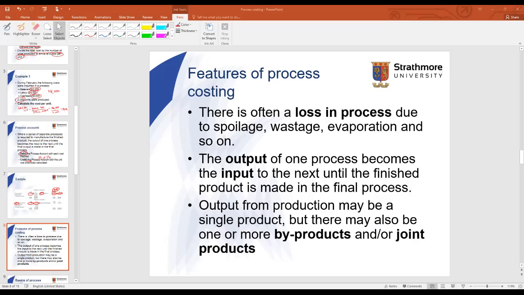For our level, we won't discuss how to get those costs. As you advance with accounting and cost, you'll discuss how to get the cost of the byproduct, for example the cost of tar, petrol, and diesel from the production process, but for our level, we won't do that. Our main concern is how to get the cost of each process.